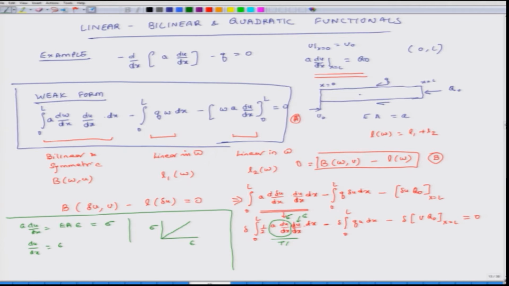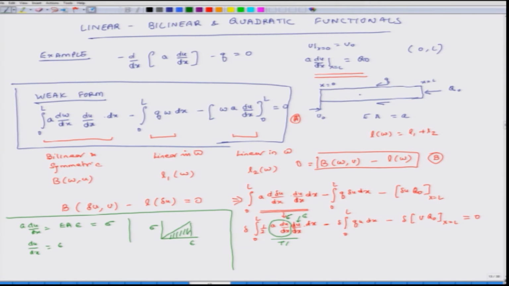When I multiply this thing E by A, then I get basically the work done in the system, and it is stored in the system as potential energy. Okay, it is stored in the system as potential energy.